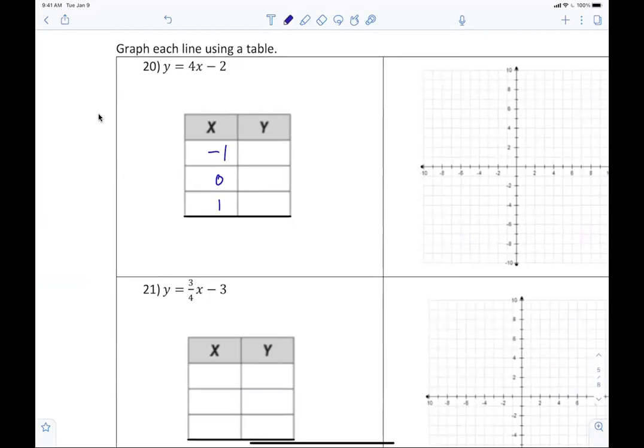And then plug it in. What do we get? -6, -2, and 2. And then plot those 3 points and graph the line.